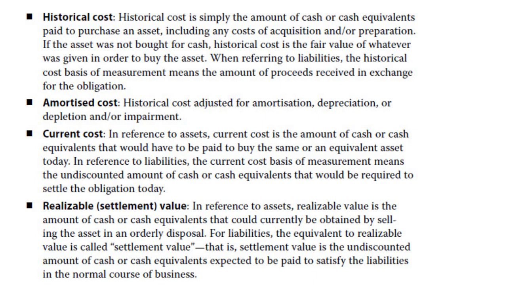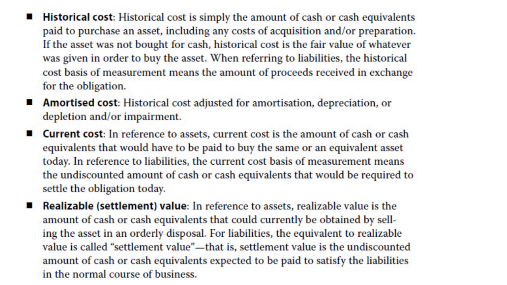Historical cost. Historical cost is simply the amount of cash or cash equivalents that were paid to acquire an asset. Usually, in our accounting courses, we have studied that land is presented at the cost at which it was acquired. Sometimes some of the liabilities are also measured at historical cost.